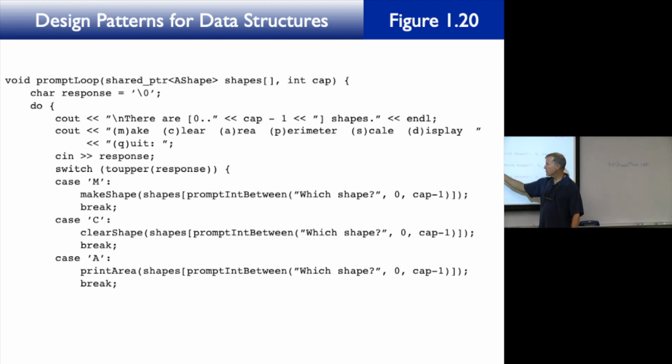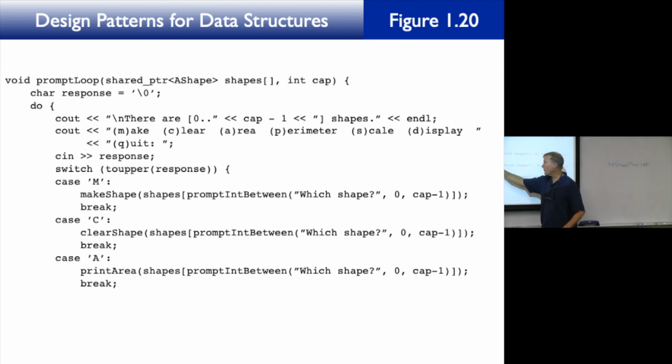So under make shape it says shapes, iPromptBetween, which shape, and then we give the utility 0 and cap minus 1. So this is 0 and this is 4. And what iPromptBetween does is it will loop through, and if the user types an integer that's out of range, it will ask again, ask again, ask again. And so if you call iPromptBetween 0 and cap minus 1, the post condition is guaranteed that the value that gets returned by iPromptBetween is between 0 and 4.